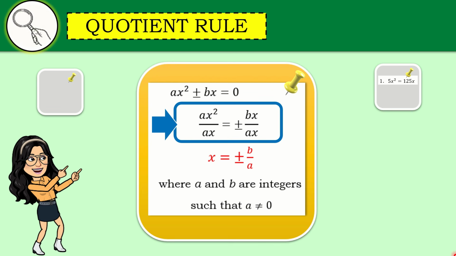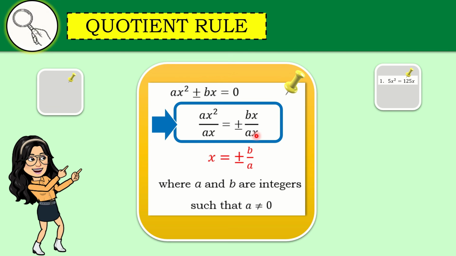Our next step here is, similar to the previous examples, we make sure that on the left side of our equation, we have our quadratic term, and on the right side of our equation, we have the remaining term, and in this case, it's your linear term. Now, why do we have here ax in our denominator? That will be our third step.